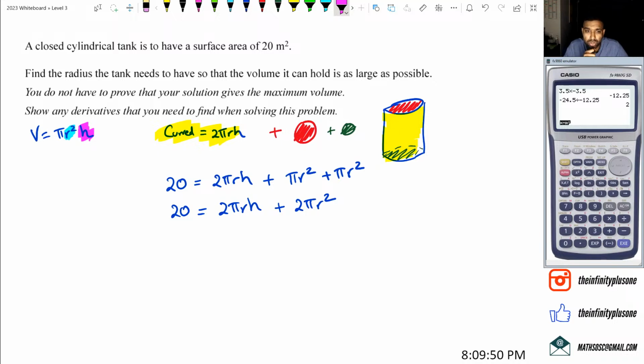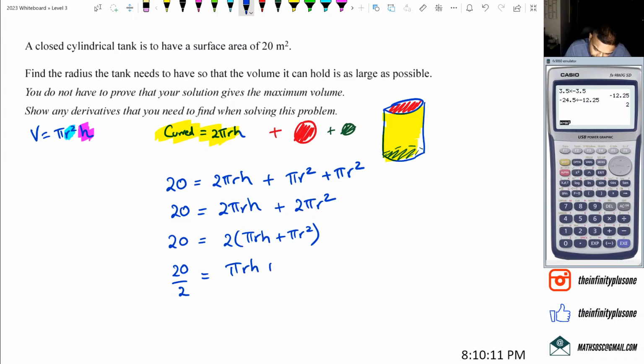So I'm going to try and eliminate H. The way I'm going to eliminate H is, first off, I'm going to get rid of the 2 here. So 20 is equal to 2 pi rh plus 2 pi r squared. 20 divided by 2 is going to give me 10. Now I want to have h by itself.